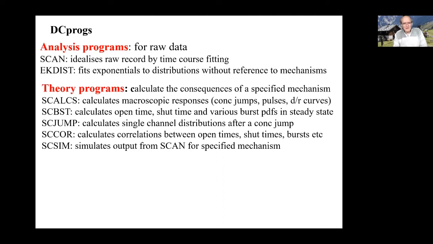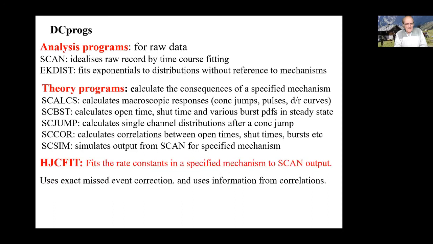We had theory programs to calculate the consequence of specified mechanisms, macroscopic responses, burst durations, after channel openings after a jump, calculating the correlations between open times, shut times, and so on, and for simulating the output from SCAN.